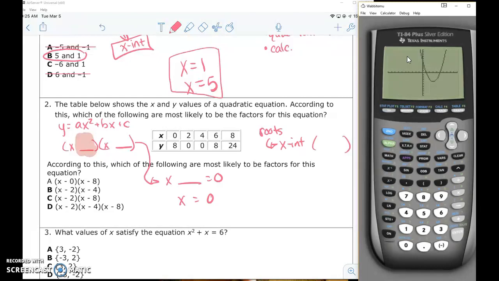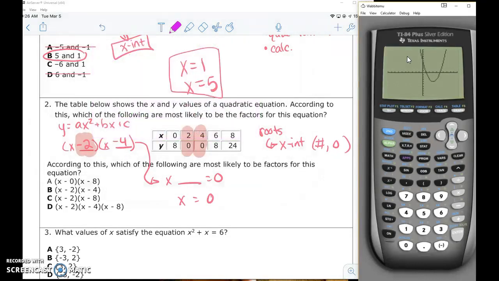We know for all x-intercepts, the y value is 0. So here, my x-intercepts are 2 and 4. This means that my factors need to be the opposite, negative 2 and negative 4.